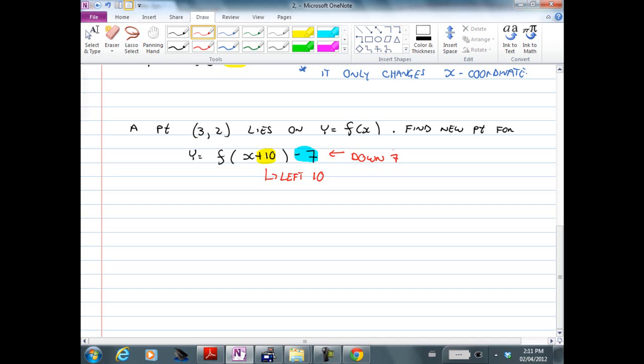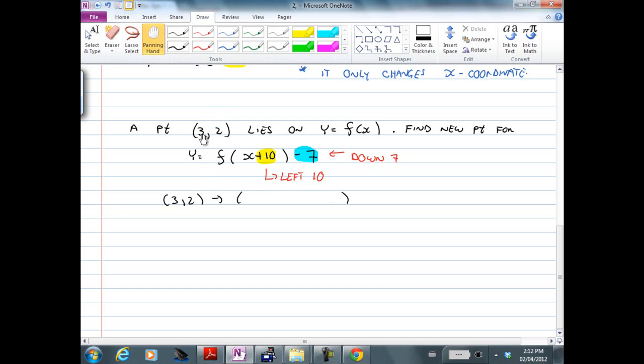The reason why is, if it's in a bracket, we know it's a phase shift from what I've taught you before. If it's outside a bracket, it's a vertical shift, so we're going to go down 7. My 3 and 2 is not 3 and 2 anymore. It's going to be completely different now. The 10 affects your 3. All right, what's my new coordinate going to be?